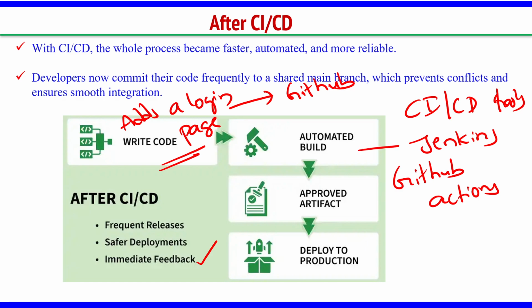Understand this: I added a new feature, a login page, to an existing website. That changed login page module I have pushed into GitHub. From GitHub I can connect either Jenkins or GitHub Actions, any one of the CI/CD tools.